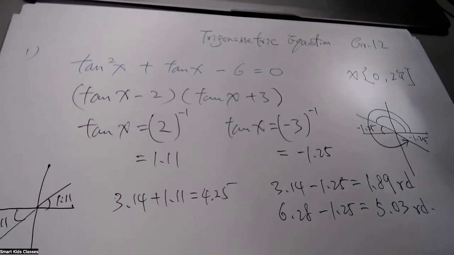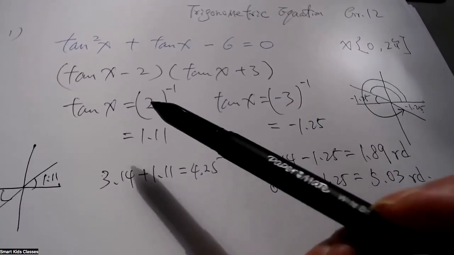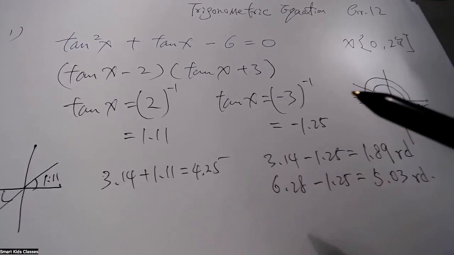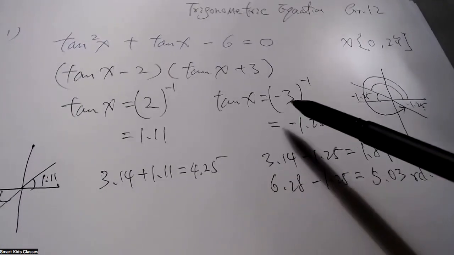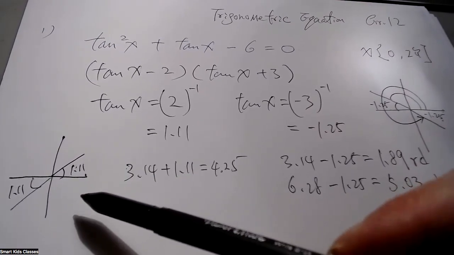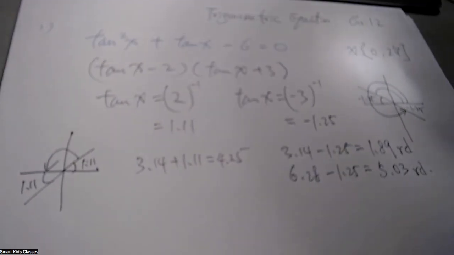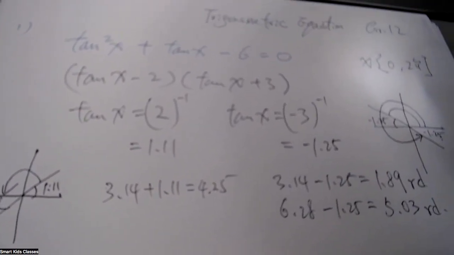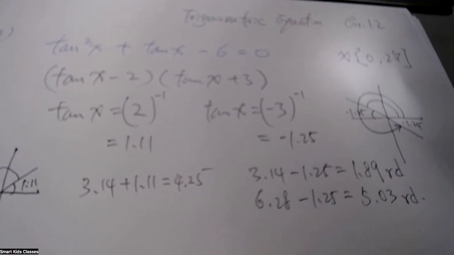Therefore, to solve this trigonometry equation, we get two tan intervals, and then we solve for the inverse to get the radians. You draw the CAST rule and we find the angles. That's the first question. We solved it already. We are going to do the next question.